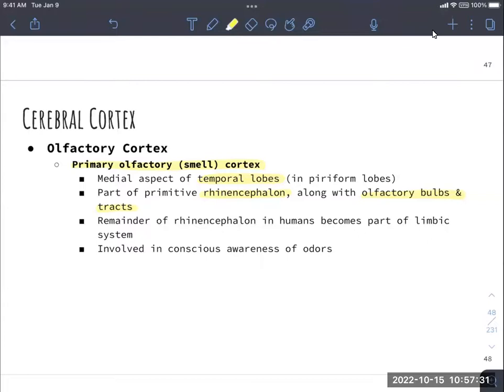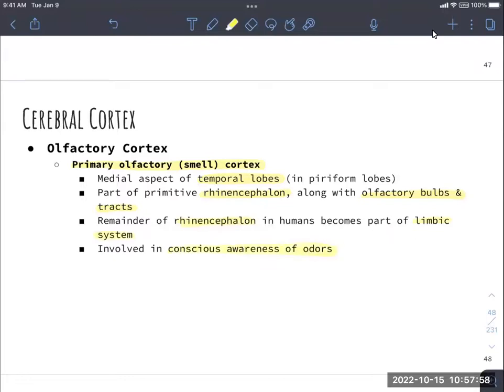Part of that rhinencephalon becomes part of our limbic system, because our limbic system kind of deals with emotions. So sometimes you get a certain smell and it gives you a certain emotion, like you smell a skunk. That's going to elicit some kind of emotion, because it's like, ew, get away.